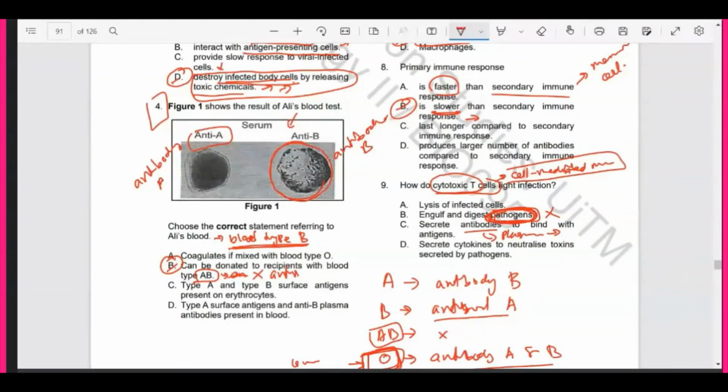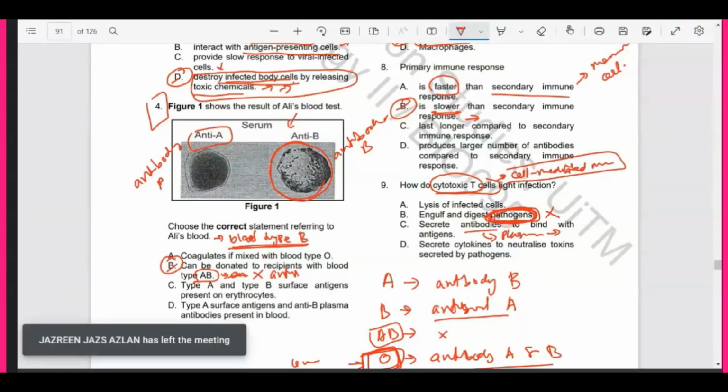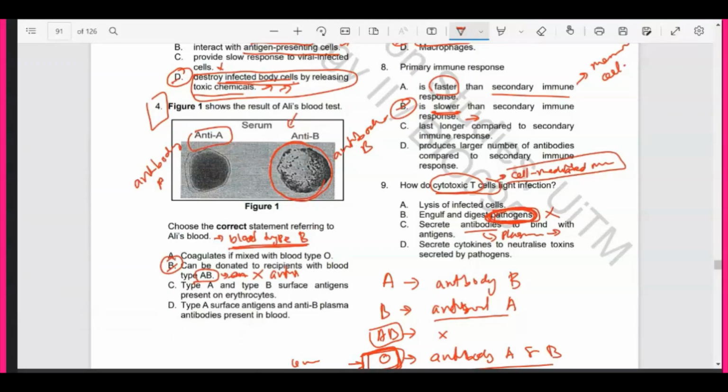So your answer should be which one? Which answer is closest to my statement? Destroys infected body cells using perforin and also granzyme.